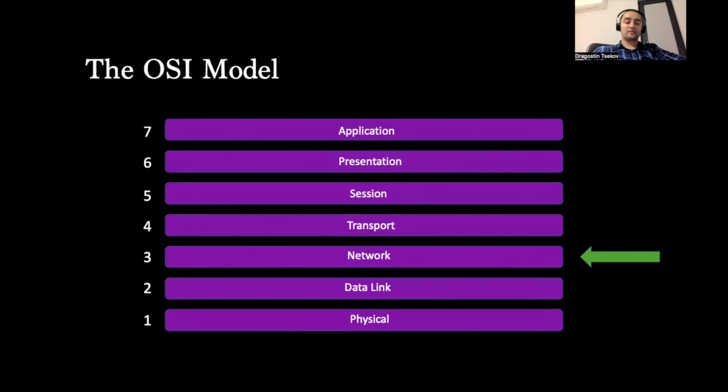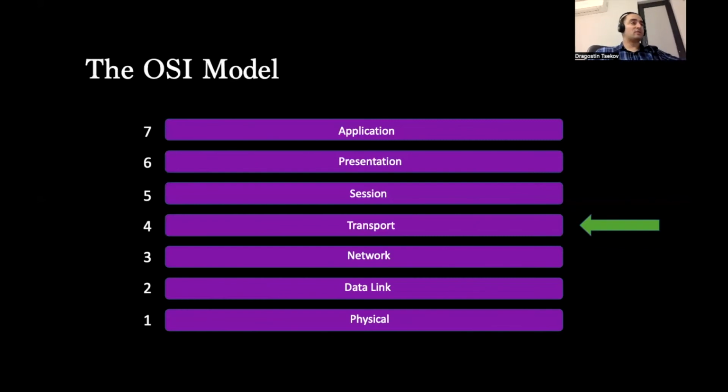All of this happens on the network layer. By the way, keep in mind that there are also so-called layer 3 switches. There are switches that could also do routing. So these switches could operate both on layer 2 and layer 3. Okay.